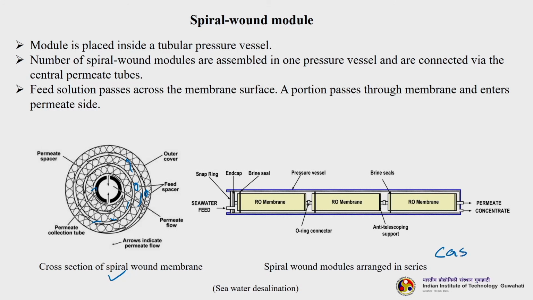In this figure we can see there are three spiral wound modules, and these are RO modules, but it can be UF, MF or any other system. Feed enters in one place, passes through the membrane, and we get permeate from the central collection tubes. These are the tubes collecting the permeate, and then we get concentrate here.